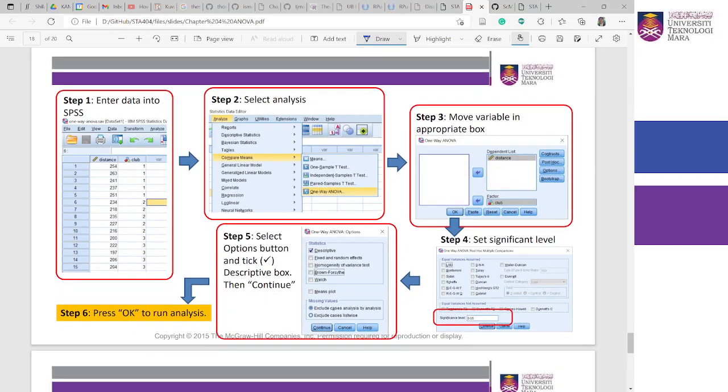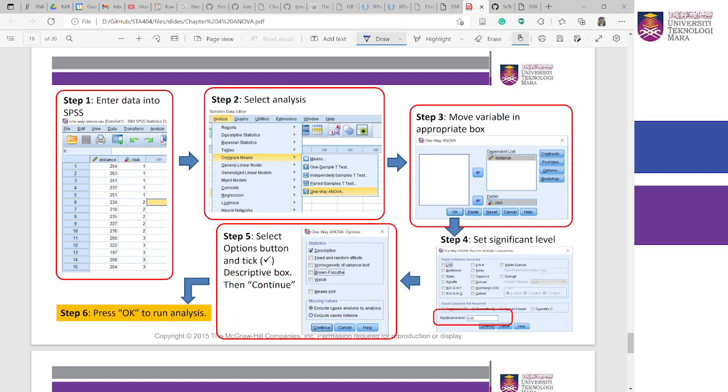the analysis. Okay, for example, in this case, step 1, enter data into SPSS. So this is how you enter your data. So you have the first column, all the values. And then the second column give you the categories. So you kena nyatakanlah categories. So in this case, kita kena gunakan nilai lah mudah, so kita gunakan 1, 2, 3.